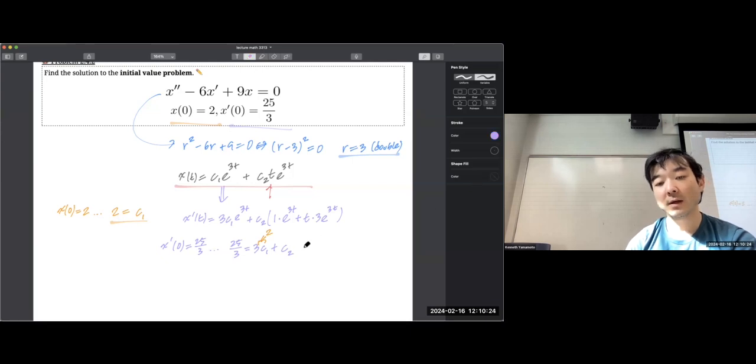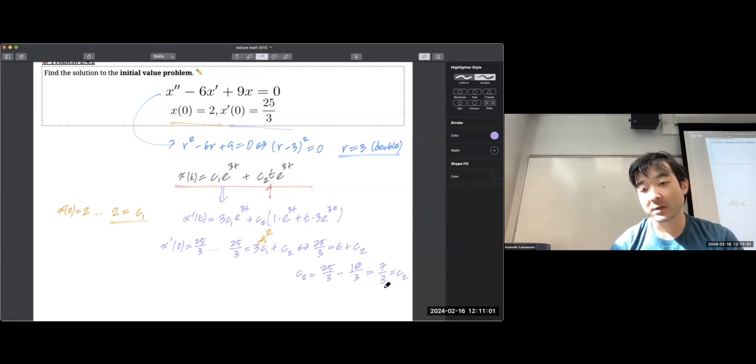So you can get that this is just the same as 25 over 3 equals 6 plus c2. And then c2 would just equal 25 over 3 minus the 6, which is the same as 18 over 3, so 25 minus 18 is 7 over 3. So this is our c2.